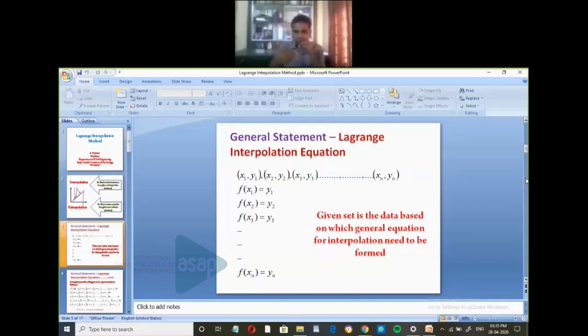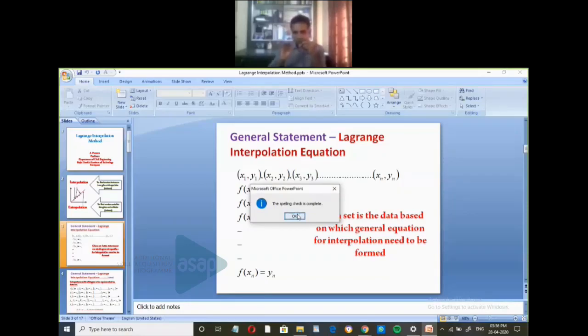So if you need to get any data, let us say from this graph, x1, y1, x2, y2, x3, y3, wherever you require any value in between, it can be in economics, structural engineering, hydraulics, wherever you need a data requirement in between, interpolation can be used.